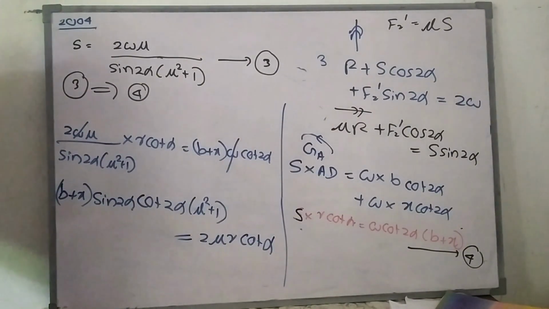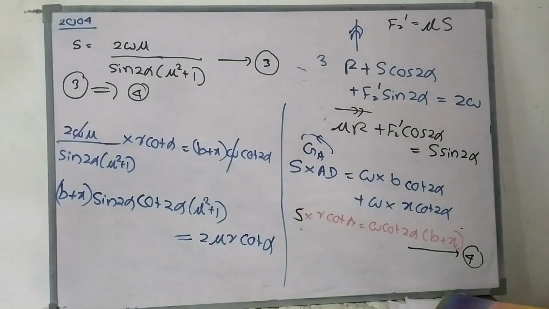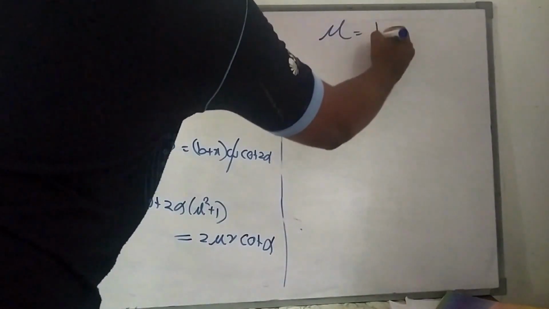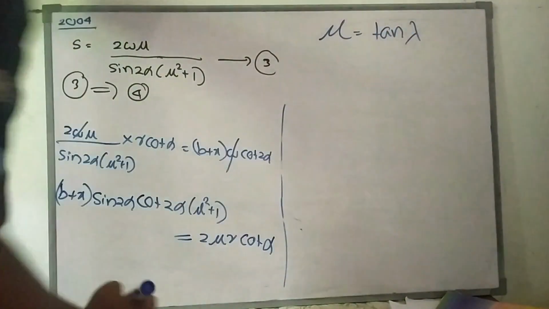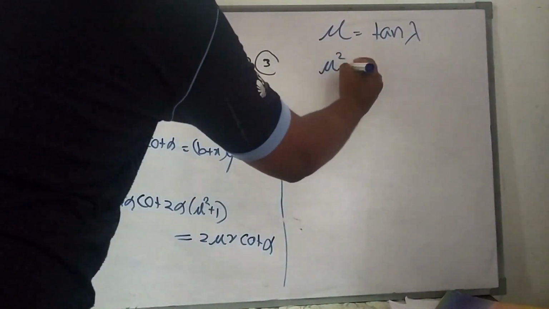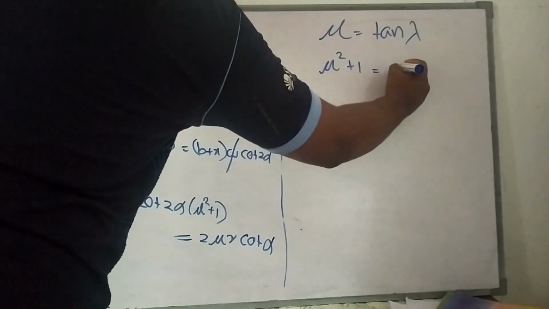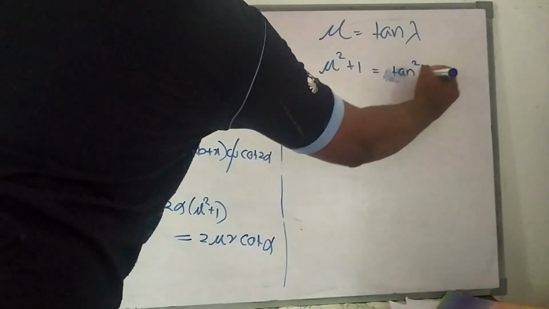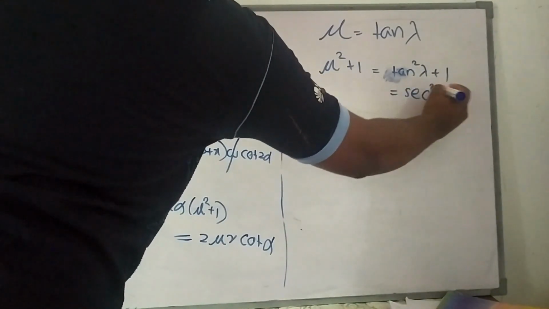So, mu means tan lambda. Mu squared plus 1 means tan squared lambda plus 1, which is sec squared lambda.